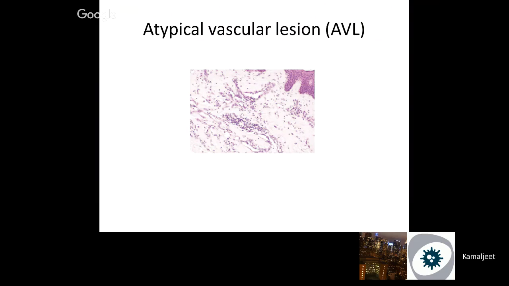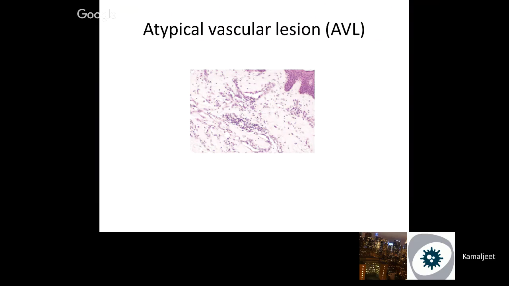This is another vascular lesion that you see in the setting of radiation, an atypical vascular lesion. It usually presents as a small papule, multiple or single. If you biopsy it, you will see telangiectatic dilated vessels with maybe mild nuclear atypia. They don't cluster, they don't permeate, and there's no overt cytologic atypia or mitosis. So the features of angiosarcoma are lacking.